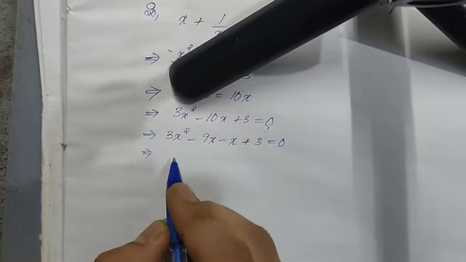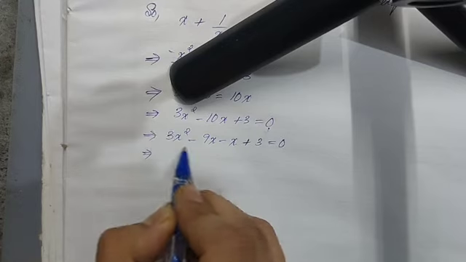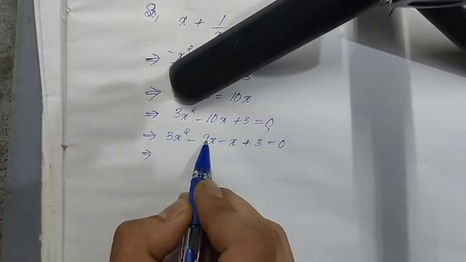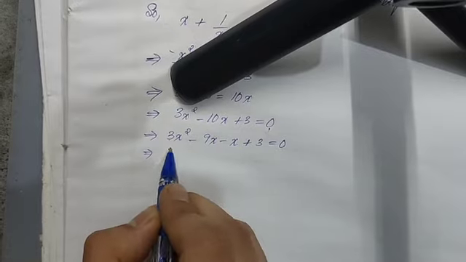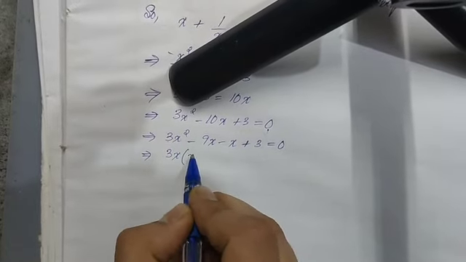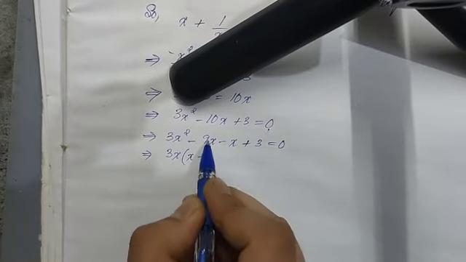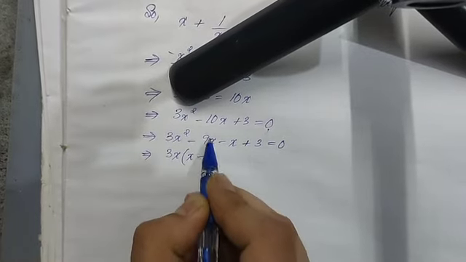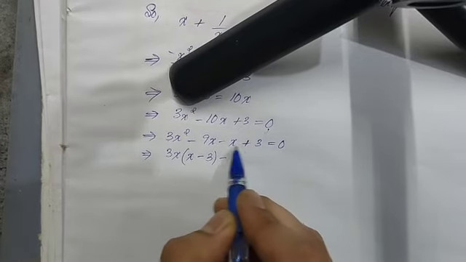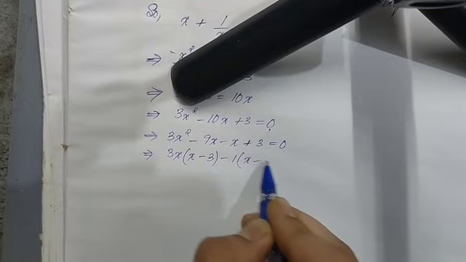So taking common from the first two terms, 3x common: 3x into x minus 3. Taking minus 1 common from the last two terms: minus 1 into x minus 3.